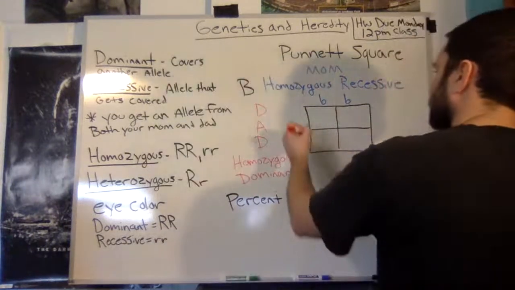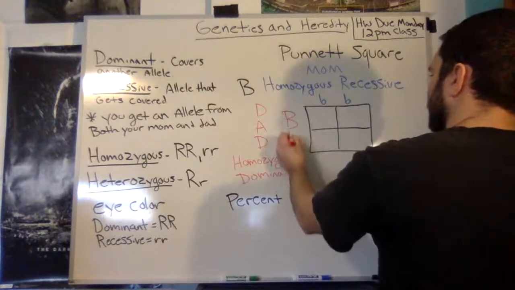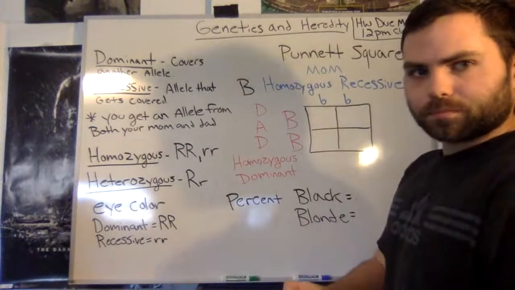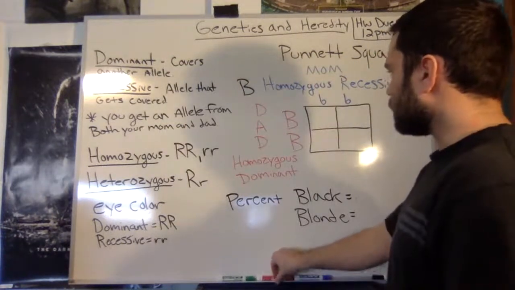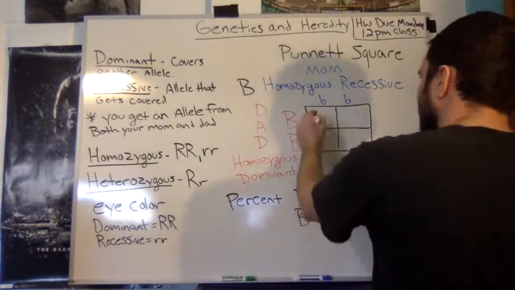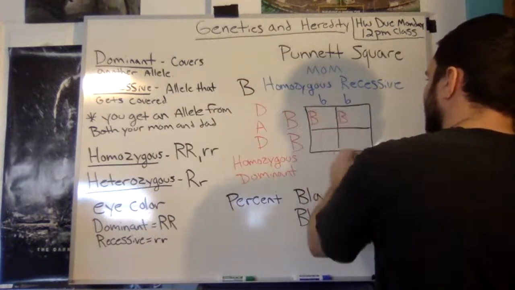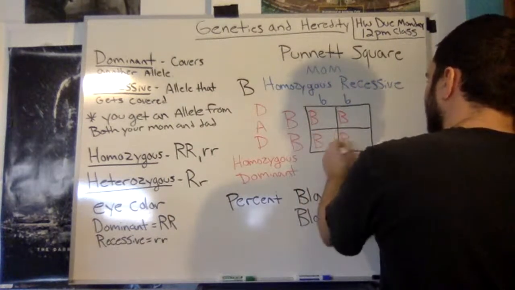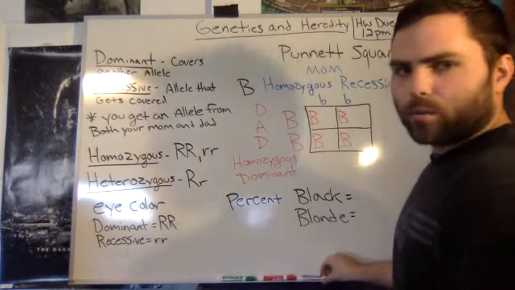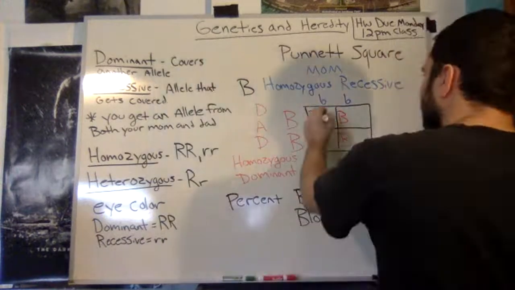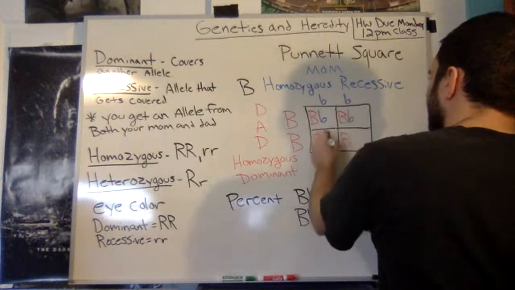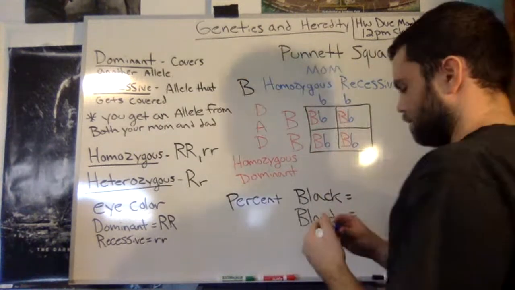So we're going to be putting capital B and capital B, okay? All right, so let's bring this across. Let's finish our Punnett square. So we got capital B, capital B, capital B, capital B. Now we're going to bring the alleles from mom down. B, B, lowercase b, lowercase b.